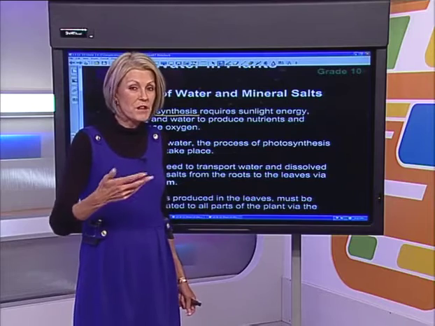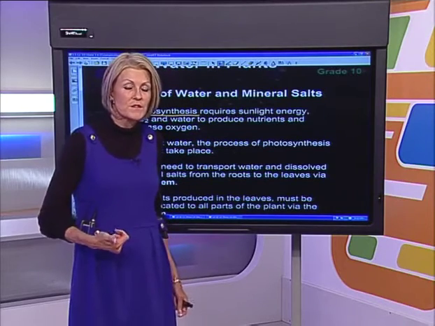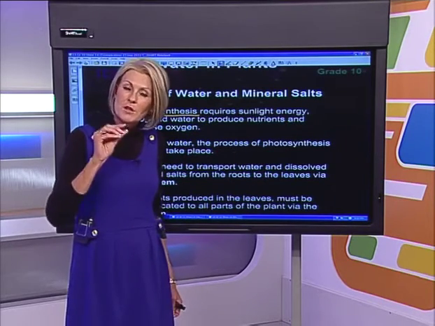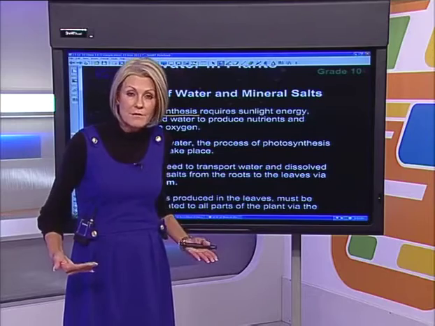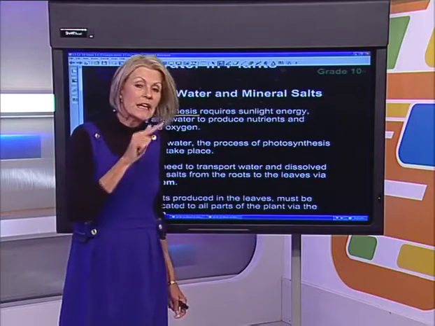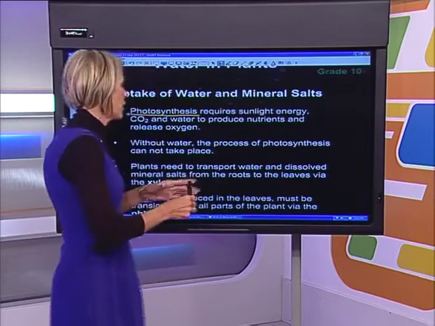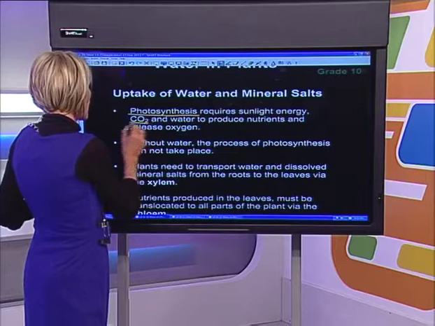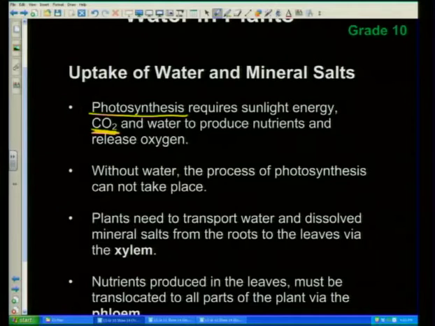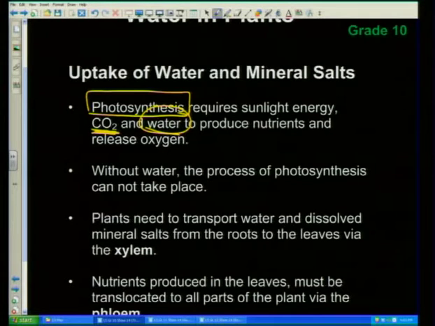Okay, plants do breathe, by the way. They do need oxygen for cellular respiration, but they don't use a lot because they're not very active. We are very active. We need that oxygen, but we also need the plants to use the carbon dioxide that we are exhaling. So we need this water to come up so that the process of photosynthesis can take place.